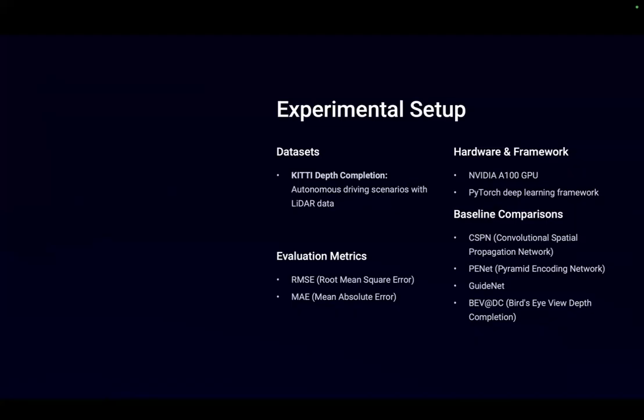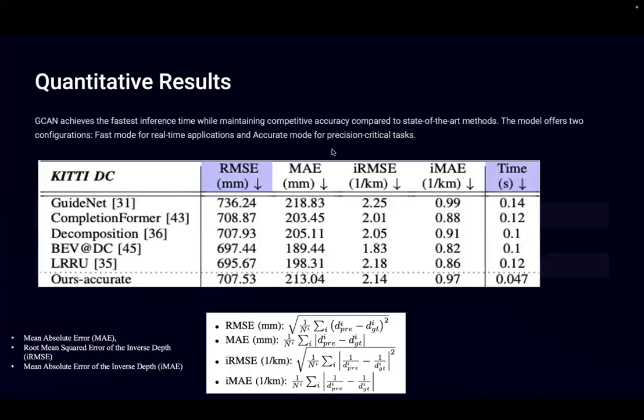For evaluation, they use root mean square error and MAE, which is mean absolute error. These are the quantitative results they get, and they have shown that the root mean square error is decreased.